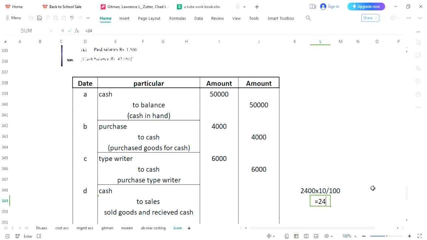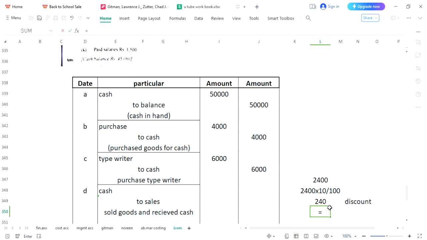Now, on the calculator, what will you write? 2400 multiplied by 10 divided by 100. 240 we have calculated, and this is the discount. Now please note it down. Total amount was 2400 and you have a discount of 240. How much would the final amount be? Look, you were selling your product for 2400 but you had given 240 as discount.